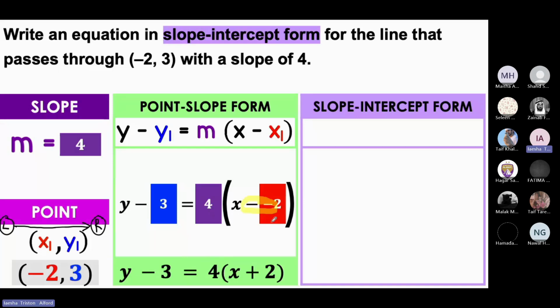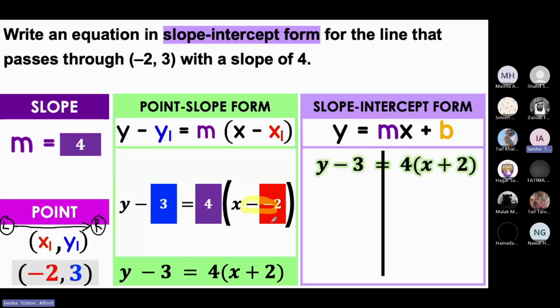Part 3, you need to change it to y equal mx plus b. So from here, anybody remember how to change it? We should multiply, distribute. So we're going to do positive 4 to x, positive 4 to multiply by x, and positive 4 to multiply positive 2.